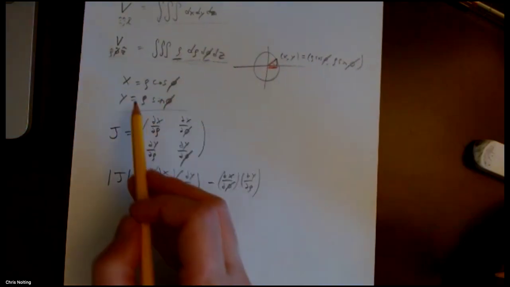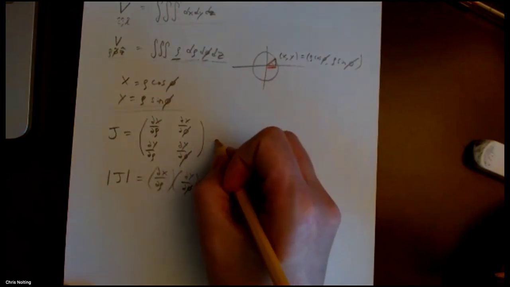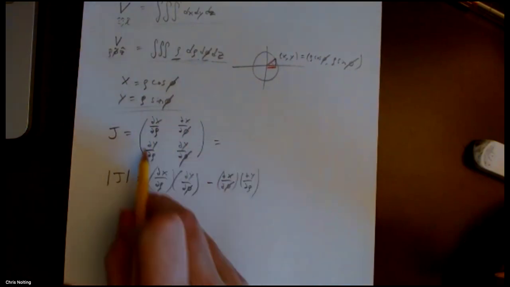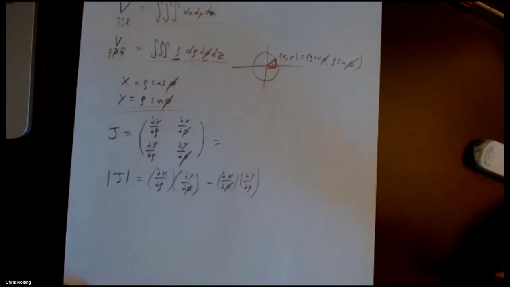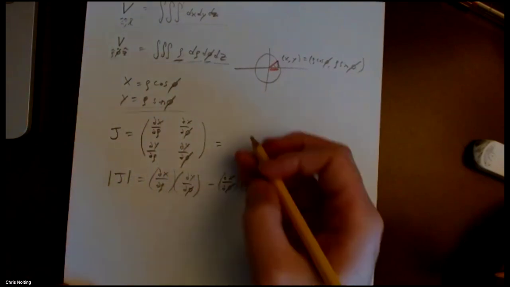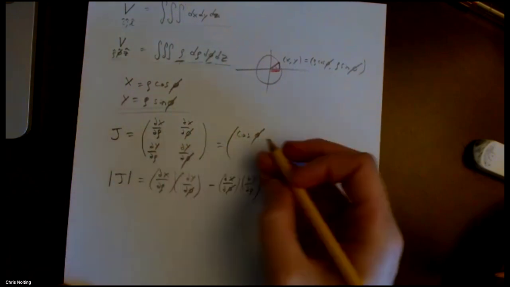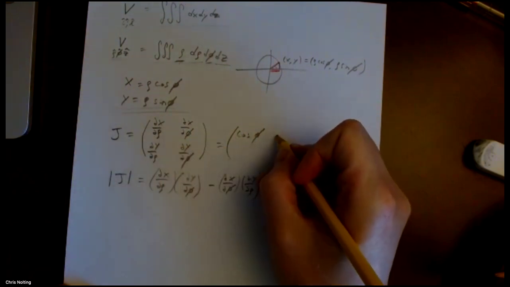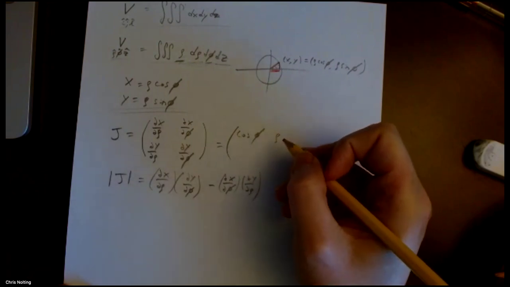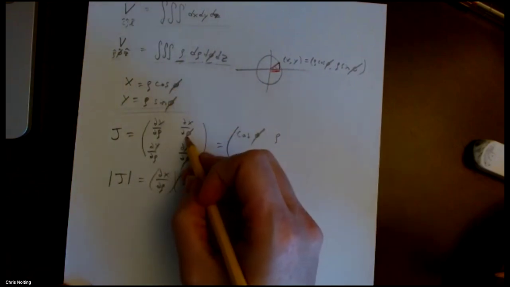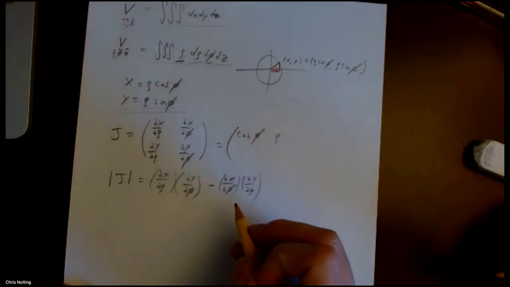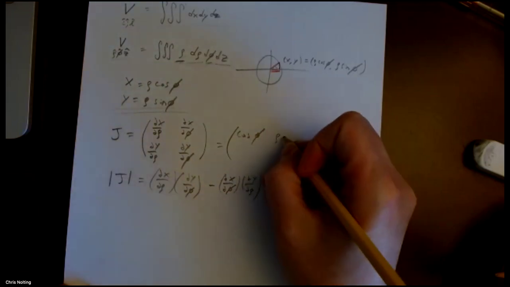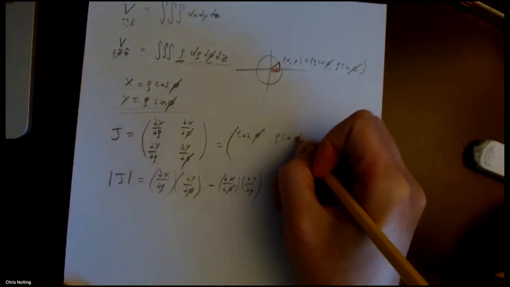And of course, we know these functions, so we can actually evaluate these derivatives. Maybe I'll even take a step back and evaluate them within this matrix. So dx d rho is just going to give us cosine phi. Dx d phi, we would get rho, and going from cosine, we go to minus sine.